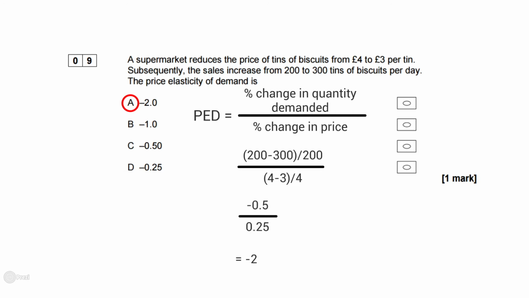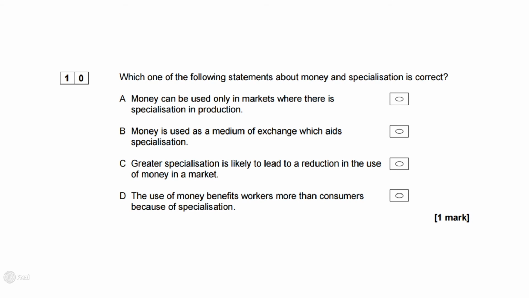Question 10 asks, which one of the following statements about money and specialization is correct? Money is used as a medium of exchange, and this allows individuals to specialize, because individuals can specialize in producing one good and then sell this good to many different people, and in return use the money that they get from selling the goods to purchase other goods, rather than having to have something that they can exchange with someone.